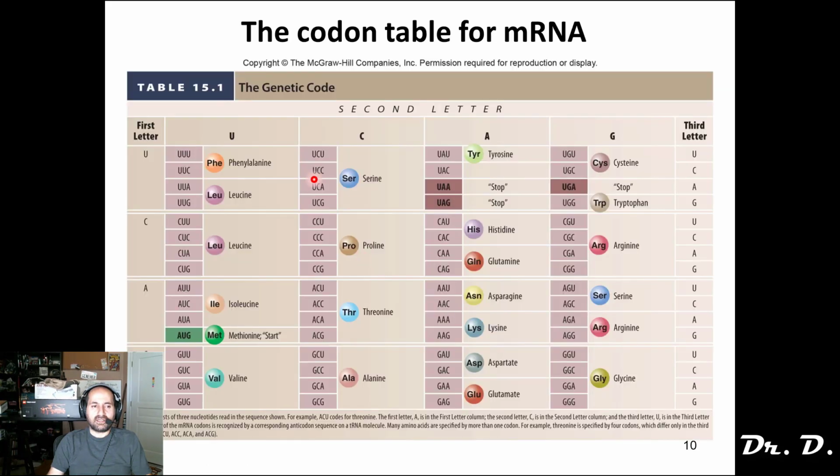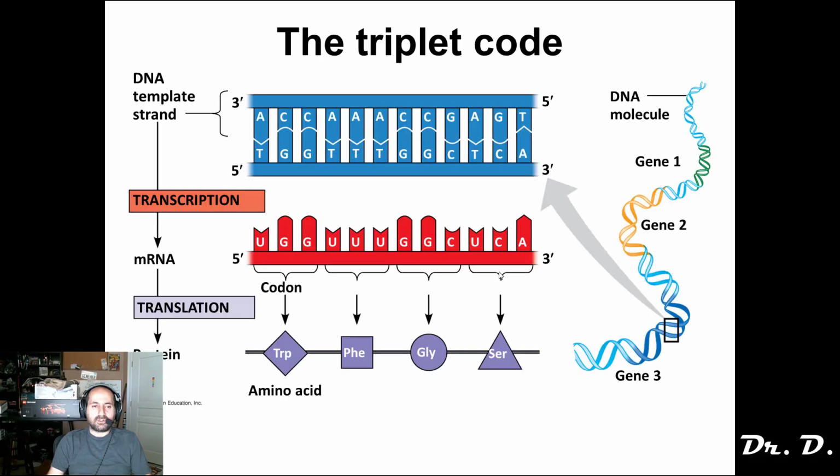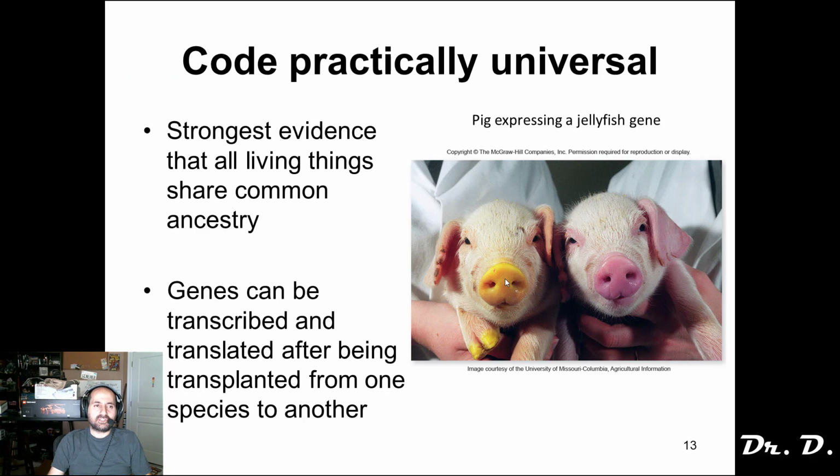You see this code and how each code codes for a different amino acid? Well, that code is practically universal. You see ACA codes for threonine, GCA codes for alanine. Well, this codon table is relevant for almost all life on Earth. So the genetic code is practically universal. Hence why you can take a pig and insert it with a jellyfish gene and it produces jellyfish protein.